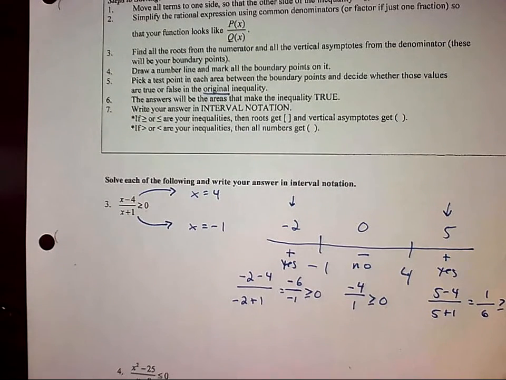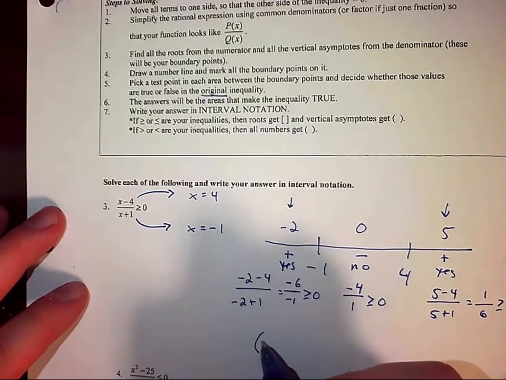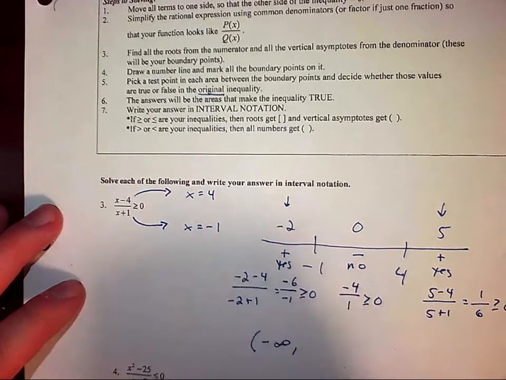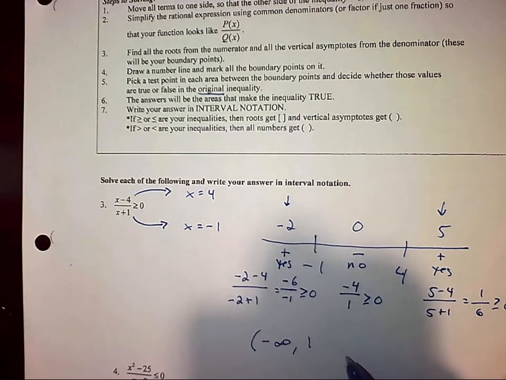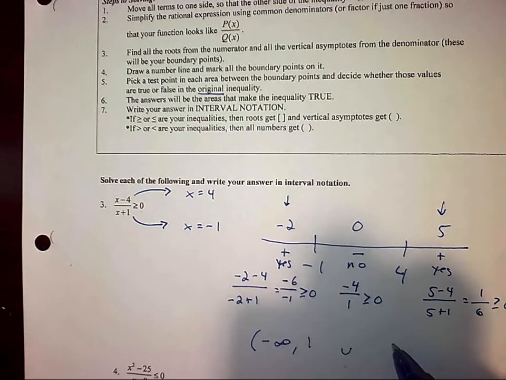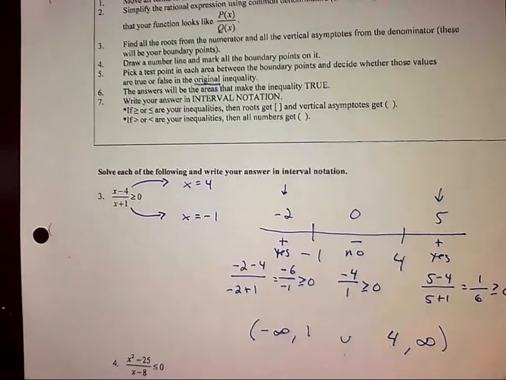If I want to write this in interval notation, we're going to go from negative infinity to 1, and we're going to union that with, we're going to then go from 4 all the way up to infinity, and infinities always get the rounds.